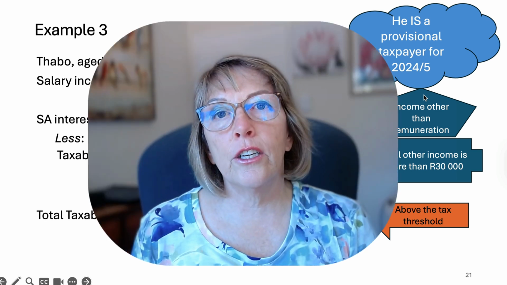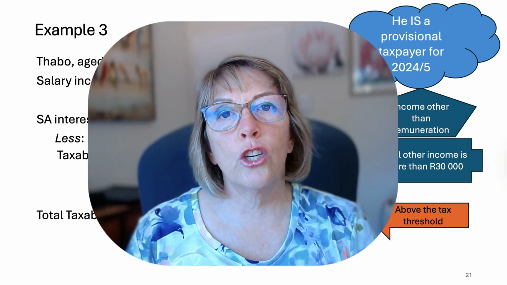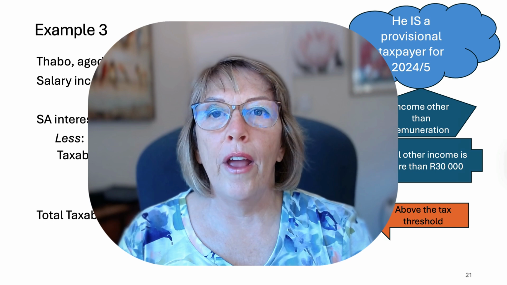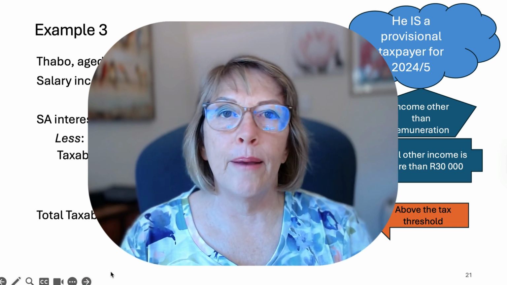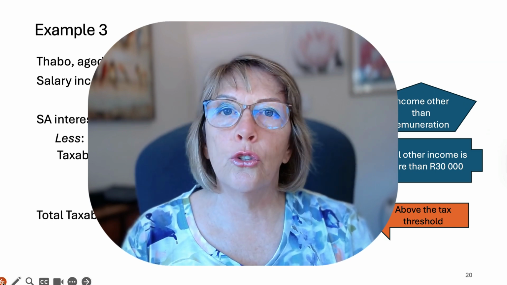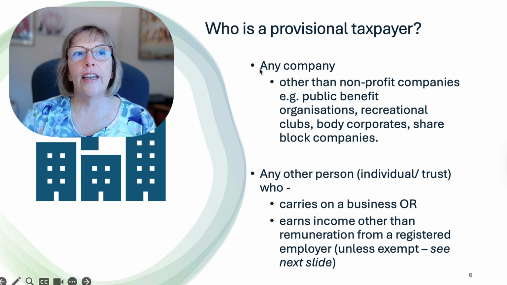So I've illustrated for you here the questions that we go through to establish whether an individual is a provisional taxpayer. And just to do a quick recap, we said any company other than a non-profit essentially is a provisional taxpayer.